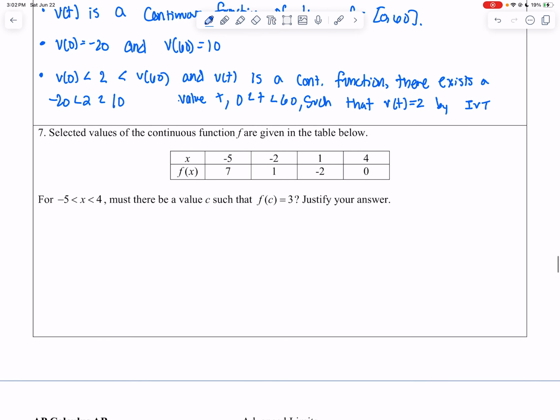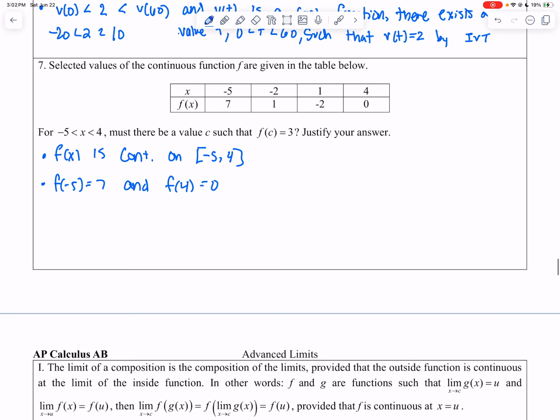Okay, last one. Selected values of the continuous function f are given below. So we know that f of x is continuous. So I could say f of x is continuous on negative 5 to 4. Then if I were to look at f of negative 5, that's 7. And f of 4 is 0. Now, 3 is definitely between 0 and 7. So I could say that f of 4 is less than 3, which is less than f of negative 5.